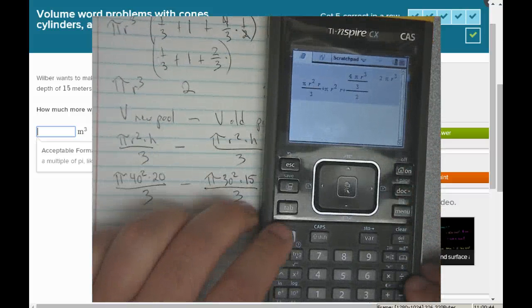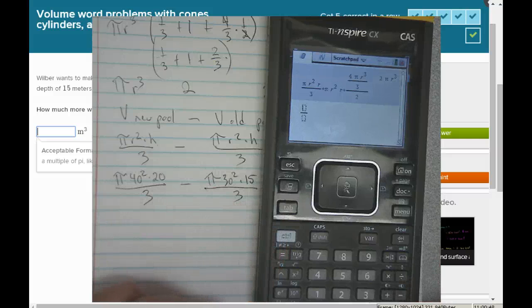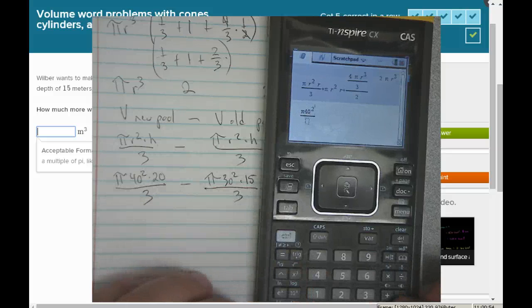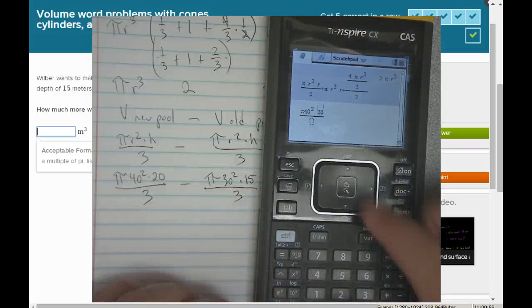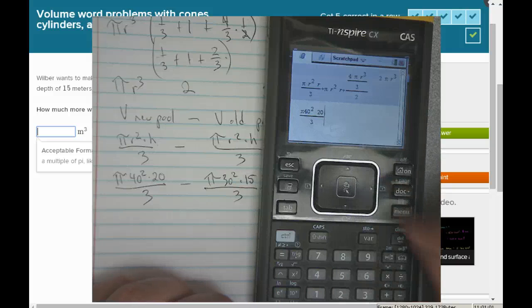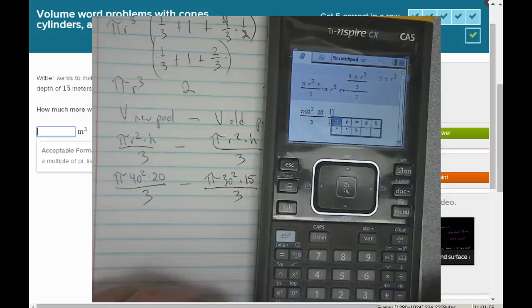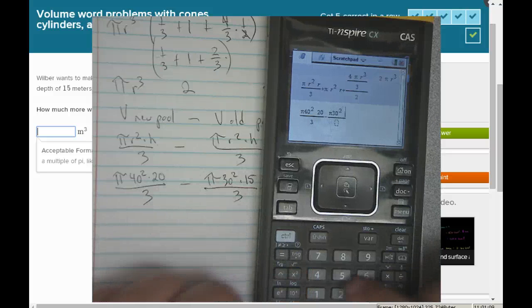So I will have control divide. My first is a fraction, so control divide pi 40 squared times 20 over 3 minus control divide pi 30 squared times 15 over 3.